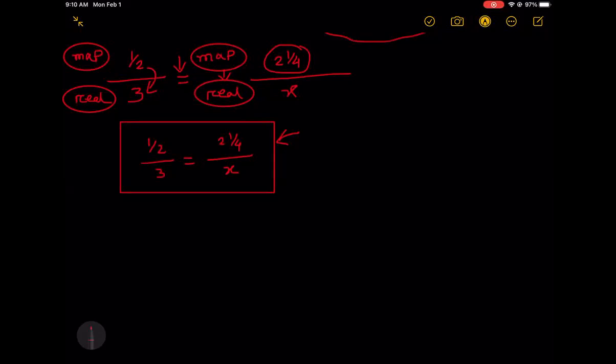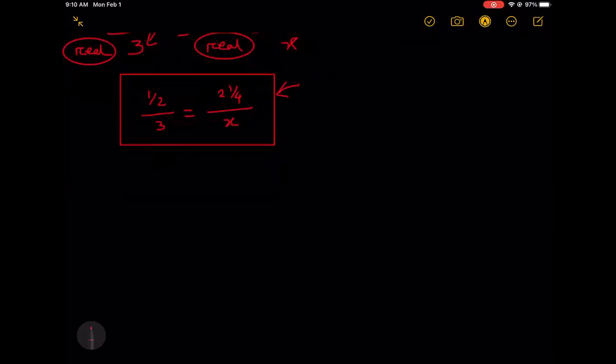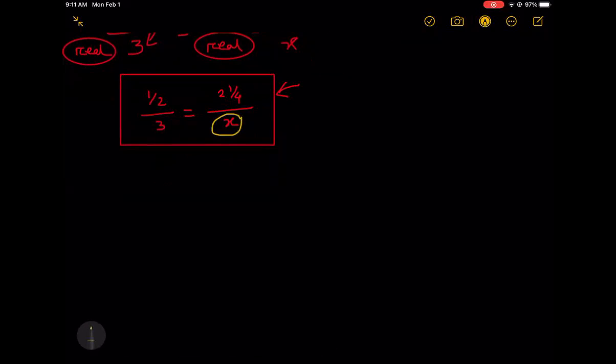No, it looks fine. Okay, so let's solve this now. Once again, we want to find the unknown value, and on this occasion, it's this denominator x, which we are looking for. Now, what should we do to isolate this x?